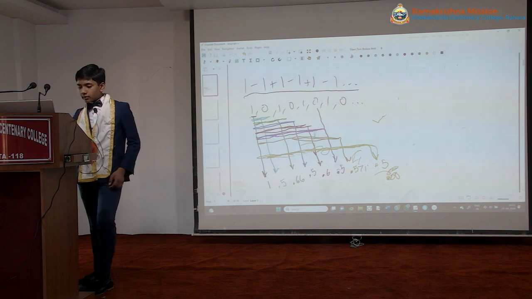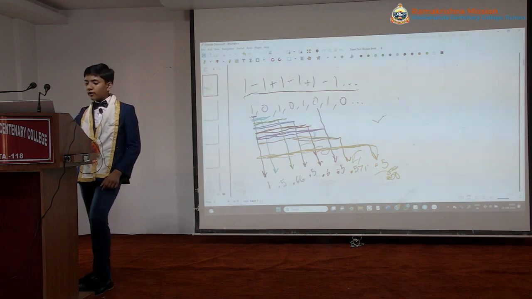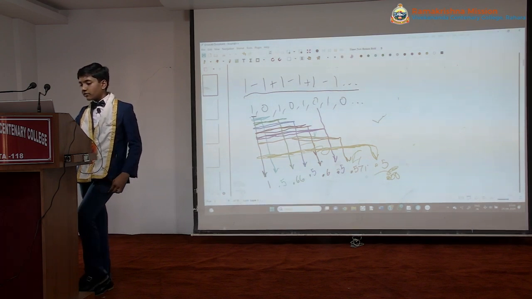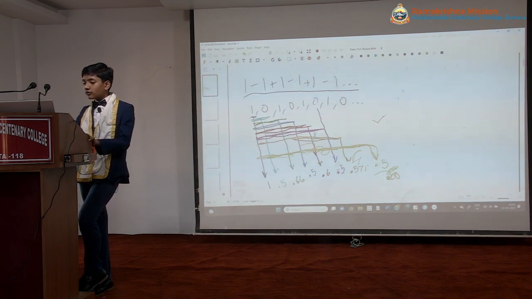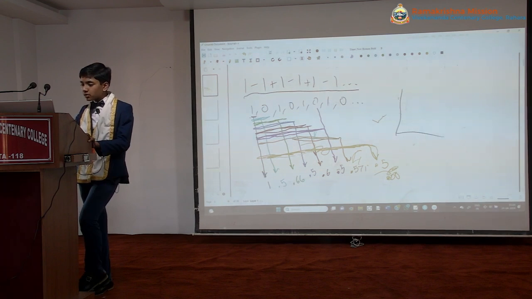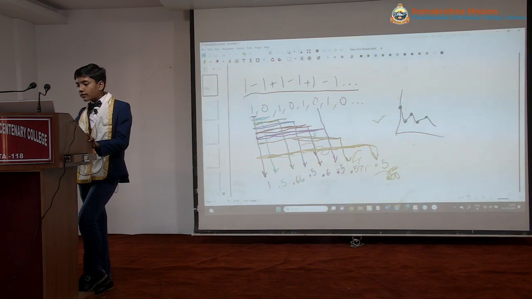So we have 1, 0.5, 0.66, 0.5, 0.6, 0.5, 0.571, 0.5. And overall it seems like it's just converging towards 0.5.